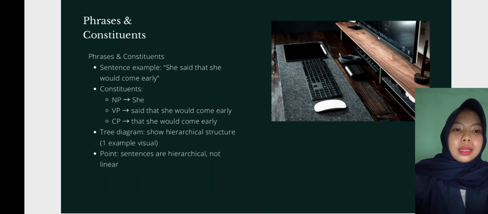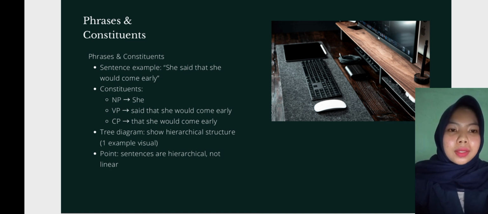In this part, I examined how words form larger units called constituents, such as noun phrases, verb phrases, prepositional phrases, and complementizer phrases. Let's take an example. "She said that she would come early." The noun phrase is "she."